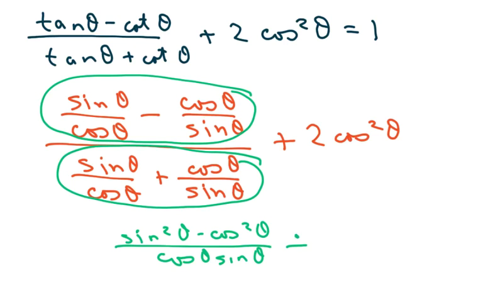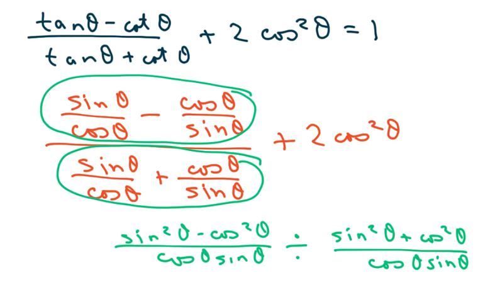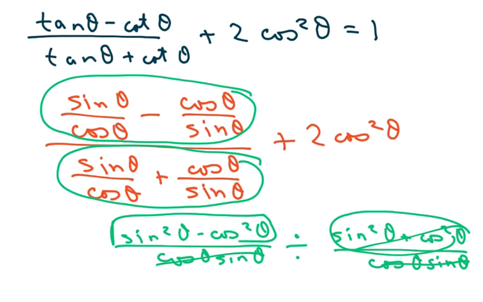So it's divided by that part. This part's going to be sine squared theta plus cosine squared of theta over cosine theta, sine theta. And what happens is these two will cancel, because when you flip this, and this equals 1. So that cancels.